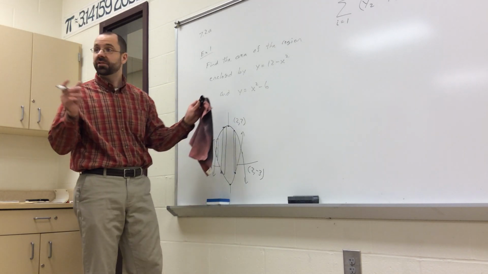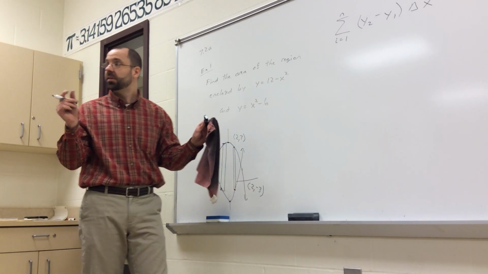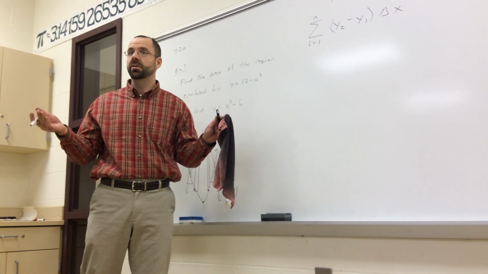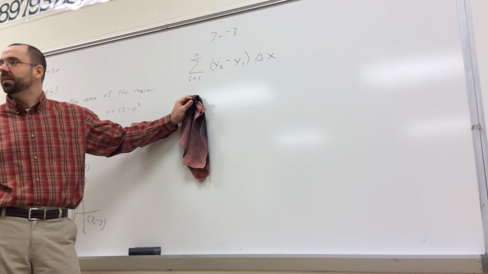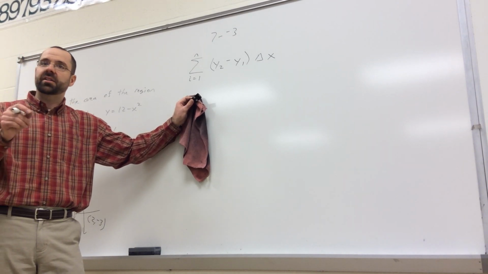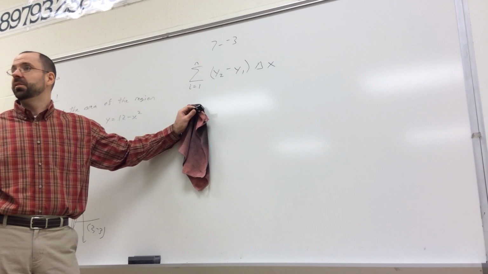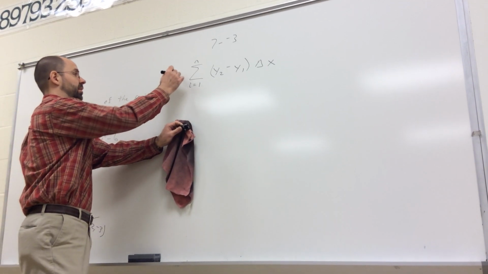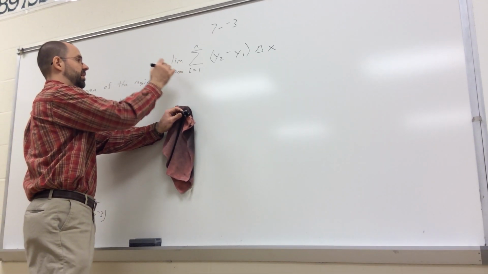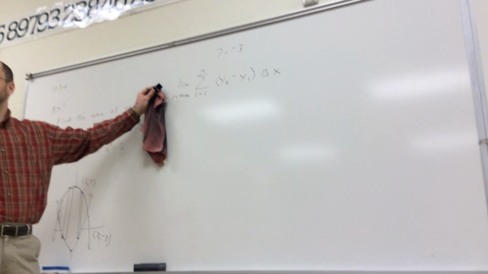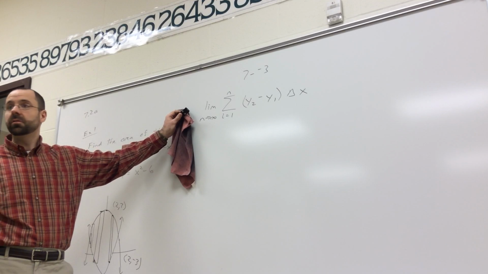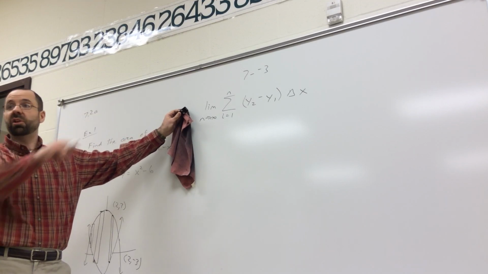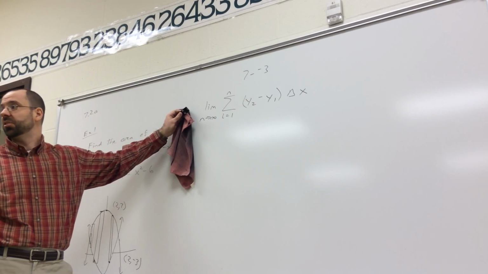But if we made the rectangles thinner, there'd be less error. And then if we made them thinner again, there'd be even less error. So as we do more and more rectangles, it becomes more and more accurate. So if we do the limit, as n goes to infinity, of that, then that's going to give us the exact area. So there's an expression for the exact area of the enclosed region.